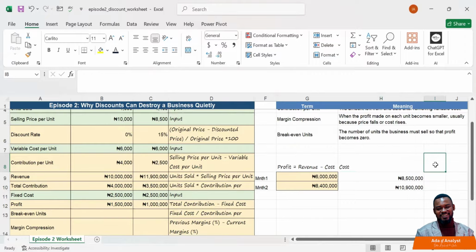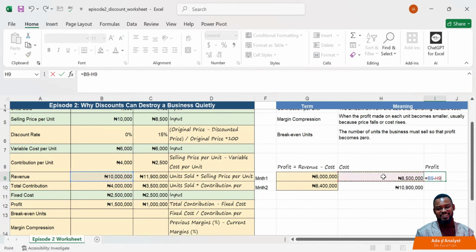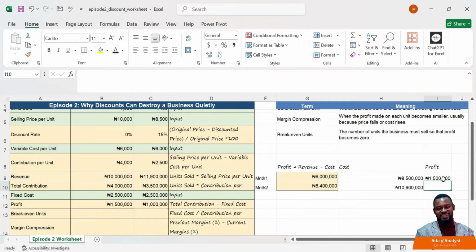Then let us now look at profit. Remember this formula we used there, right? So for profit for month one, if we were using revenue minus cost, it will be equals our revenue for month one, which was 10 million naira, right? If we subtract our cost for month one and hit enter, it will be 1.5 million.